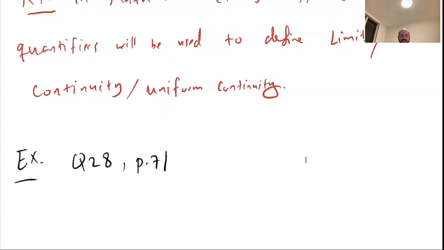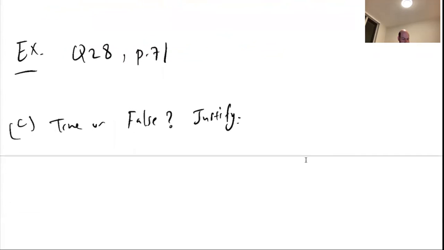Let's say part C. We want to show whether this is true or false, justify. It says there exists X for each Y, XY equals 0.